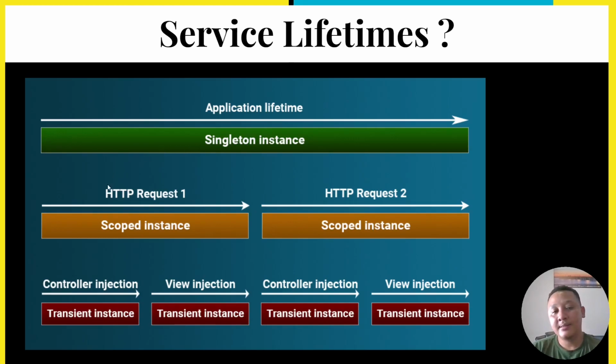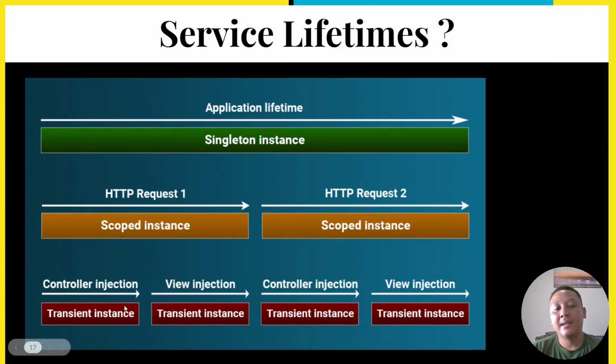While with a scoped approach, it will say, hey, every time somebody requests the books, create a new instance of the object and give them the same instance throughout that request. But if somebody gives us a new request, we need to recreate those objects, which is slightly different from the singleton, because the singleton will reuse the same one over and over.